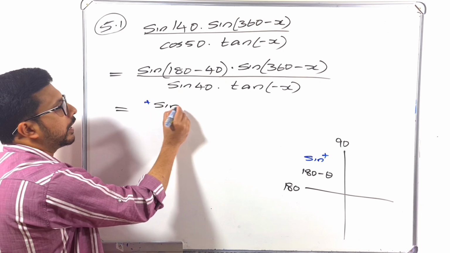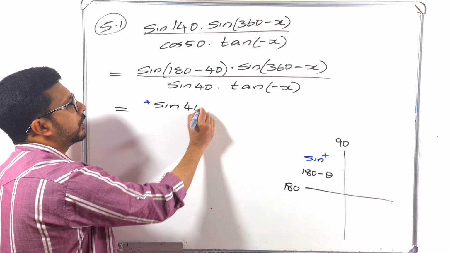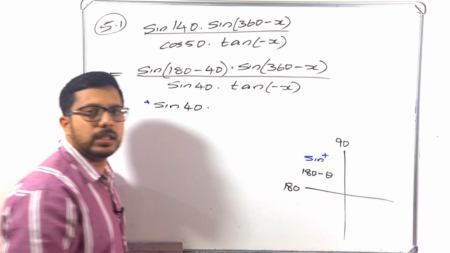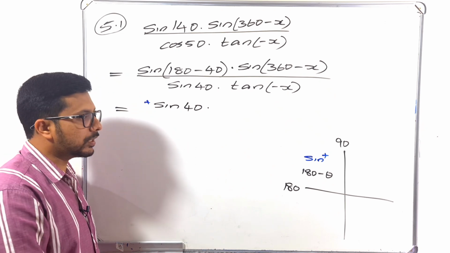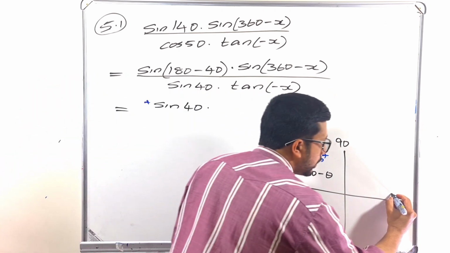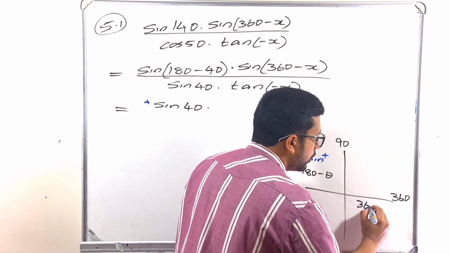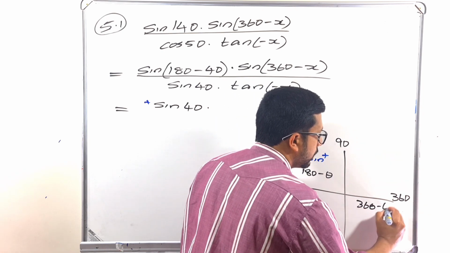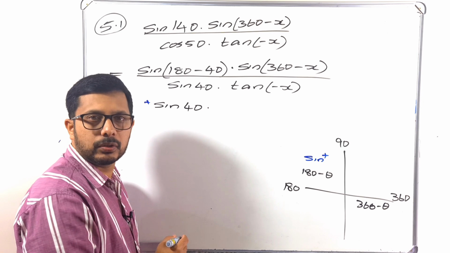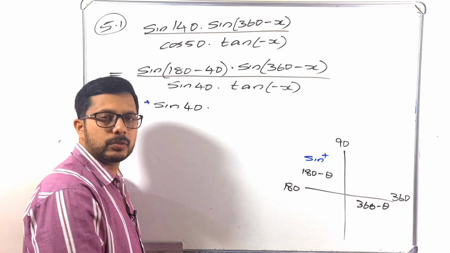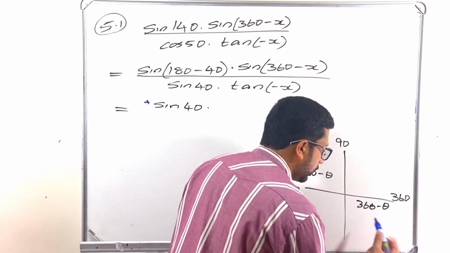So it is sine itself, sine 40 into sine of (360 minus x). 360 minus x, this is 360. Am I right? 360 minus means that is on the fourth quadrant. 360 minus theta is on the fourth quadrant. Fourth quadrant, what is positive? You have to know that one.